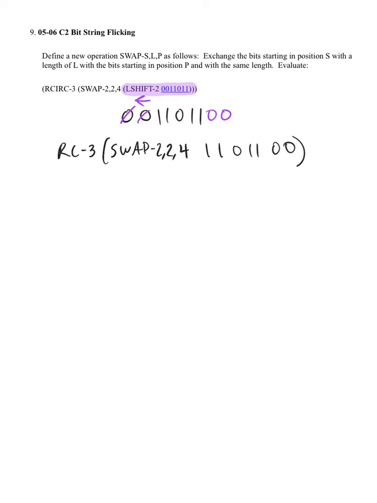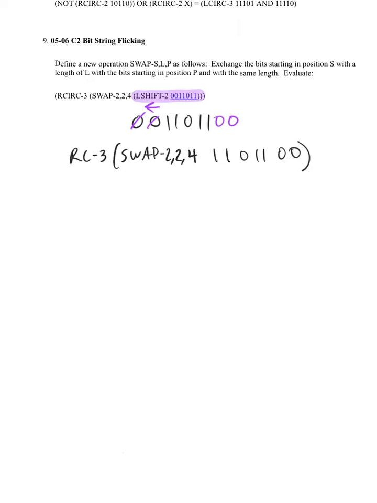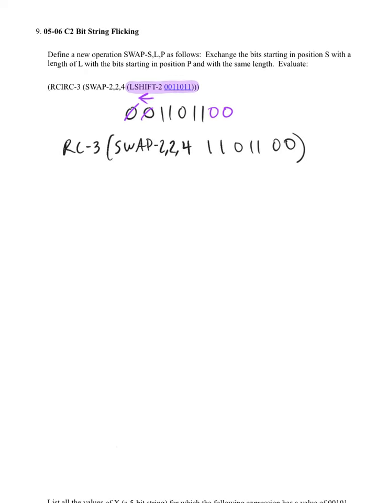So first I'm going to label which positions we're dealing with here. The positions go from right to left. So this is position 0, this is position 1, and this is position 2. So this is where we're starting, and then at position 2, we're taking a chunk of length 2.